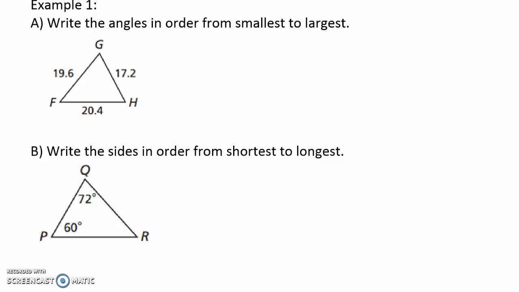So if you look at example 1A, hopefully you're seeing the smallest side here is GH. That is less than GF, which is less than FH. So we see it in this order.